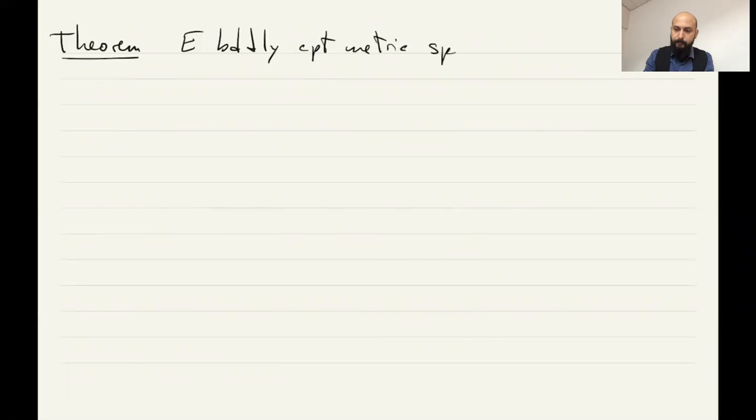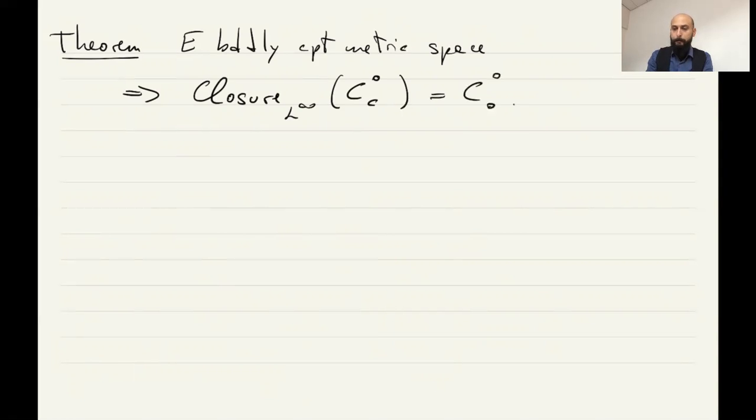So I'm going to prove the following theorem. Let E be a boundedly compact metric space. So the closure within L infinity of C0 compactly supported is equal to C0 vanishing at infinity. So this is the proof that I want to present.